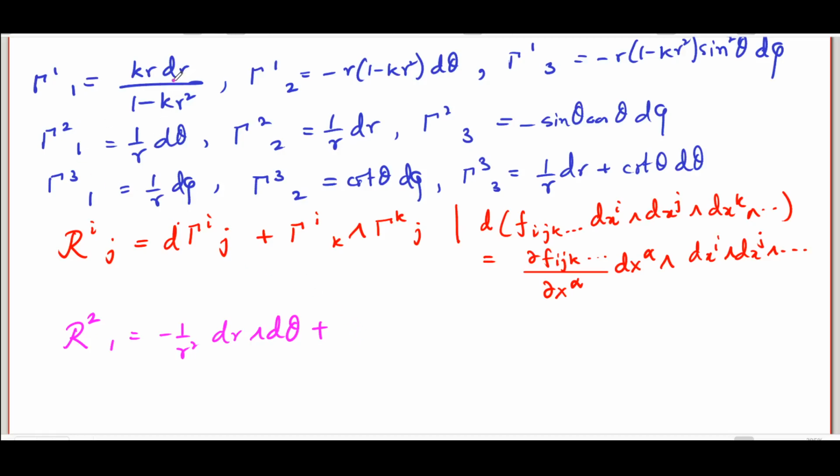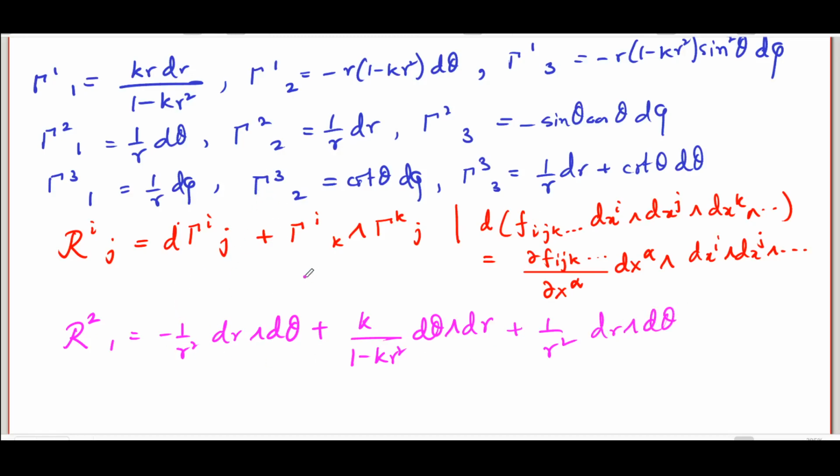That's gamma 21 wedge gamma 11, k by 1 minus kr square d theta wedge dr. You have to be careful, as I said, about the order. Plus gamma 22 wedge gamma 21. That's plus 1 by r square dr wedge d theta.